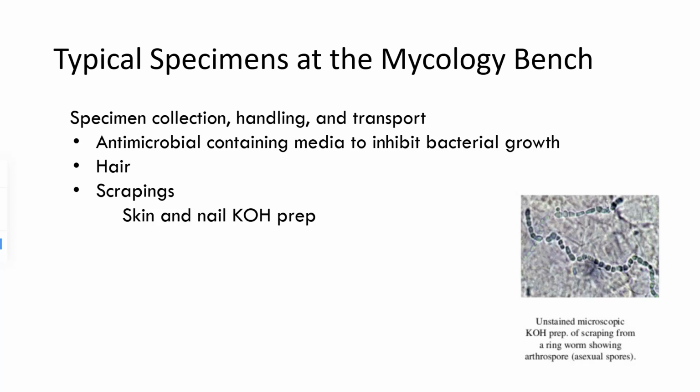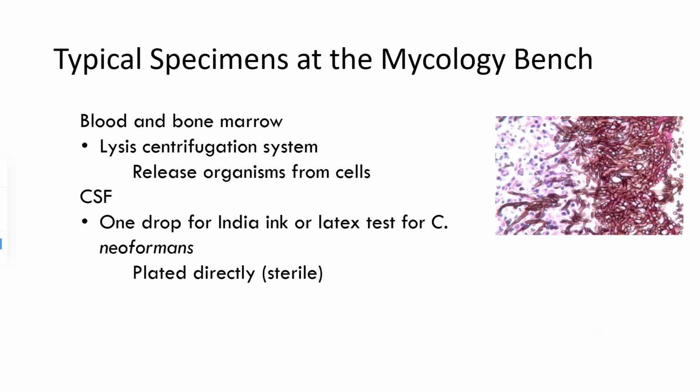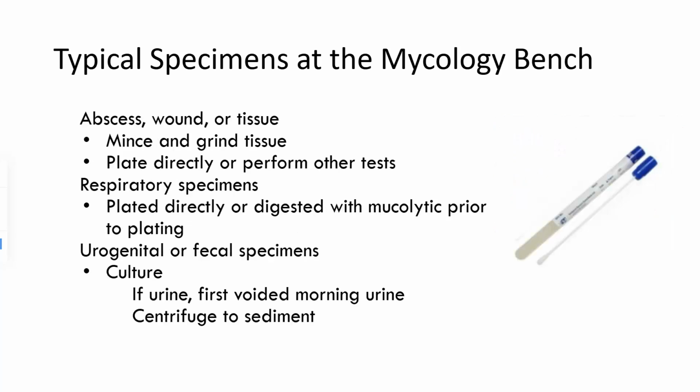Specimens that we would commonly get would be hair, scrapings, so skin scrapings, nails, for the KOH prep. Blood and bone marrow: lysis centrifugation system releases the organisms from the cells. Cerebral spinal fluid: 1 drop for India ink or latex test for Cryptococcus neoformans, plated directly because CSF should be sterile.